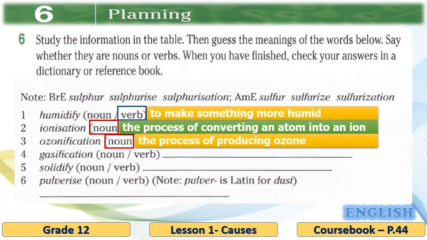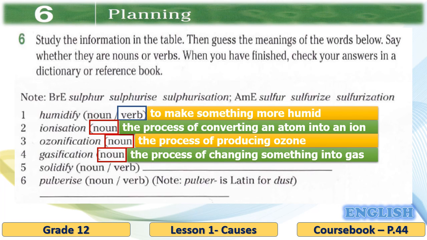In number 4, gasification also ends with ation, is also a noun, and means the process of changing something into a gas. In number 5, solidify, the suffix here is ify, like in number 1.